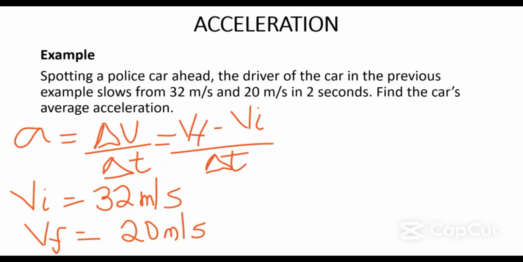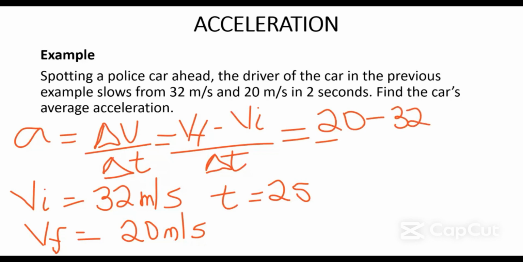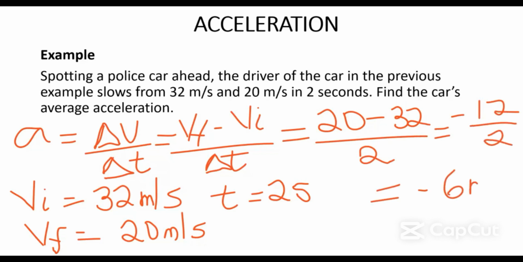Then the time taken, t, is just 2 seconds. So to find the acceleration, it will be 20 minus 32 over 2, that is negative 12 over 2, which is equal to negative 6 meters per second squared.